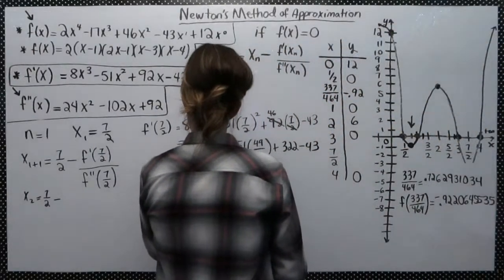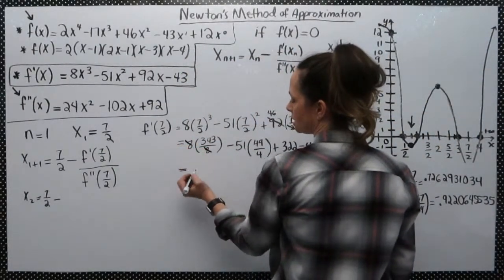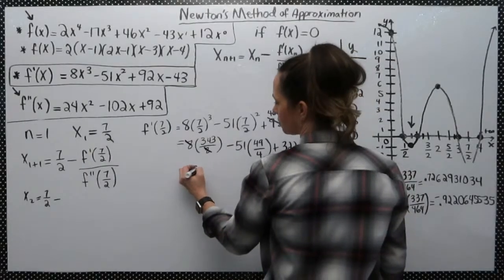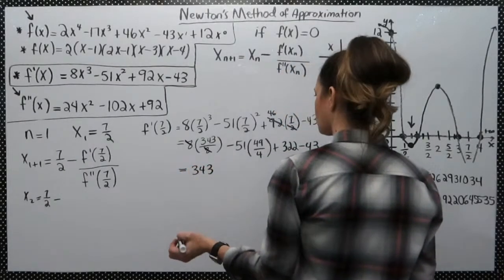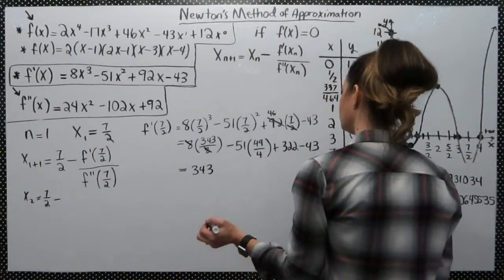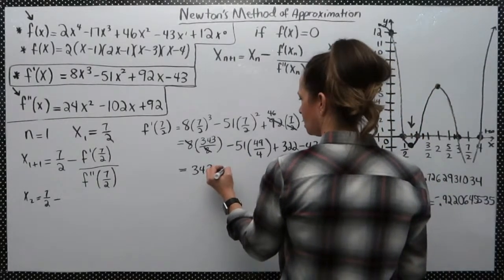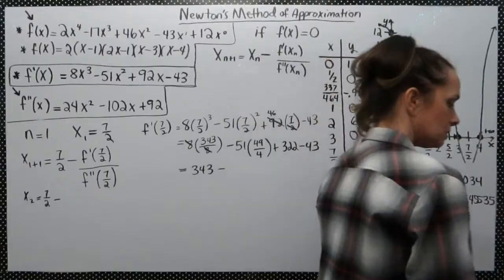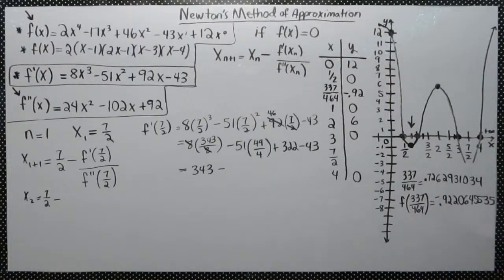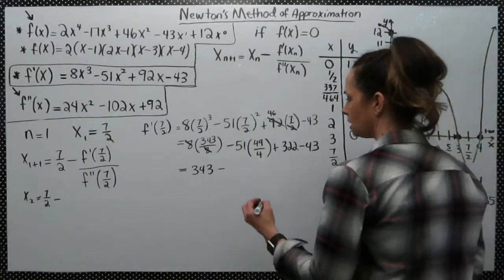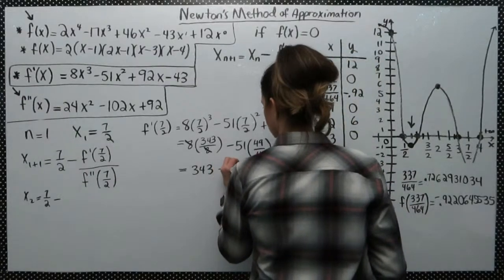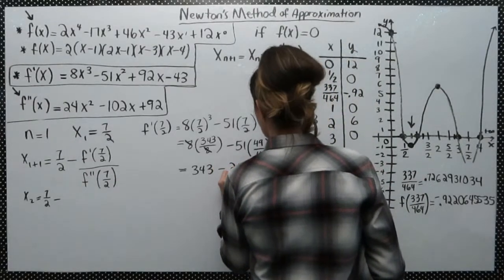And this is nice because these 8s are going to reduce down, so you're just going to get 343 here. 4 doesn't divide 51, so we'll have to figure something out here. 51 times 49, that's going to be a big number. 2,499 over 4.